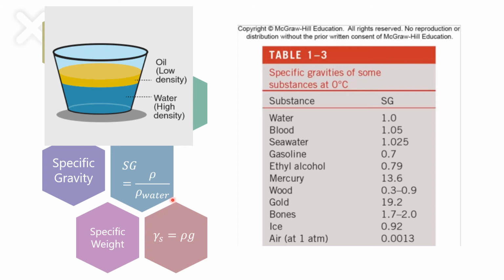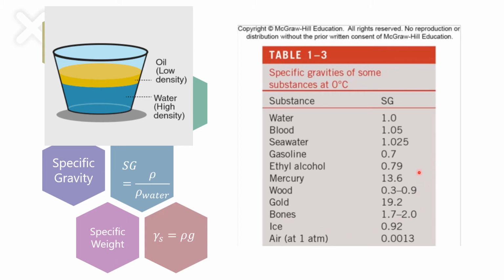Usually, this substance is water at 4 degrees Celsius, for which density is equal to 1,000 kg per cubic meter. Note that the specific gravity of a substance is a dimensionless quantity. However, in SI units, the numerical value of the specific gravity of a substance is exactly equal to its density in grams per cubic centimeter or kilogram per liter.